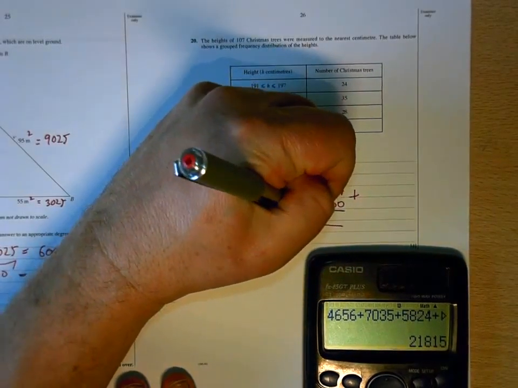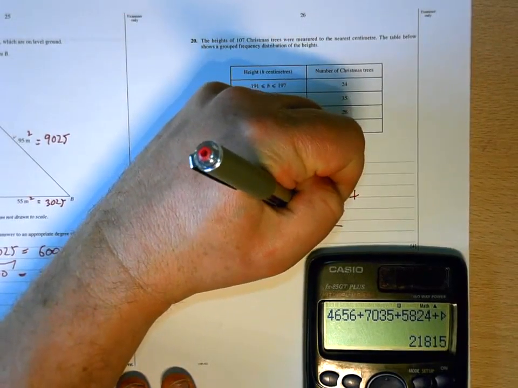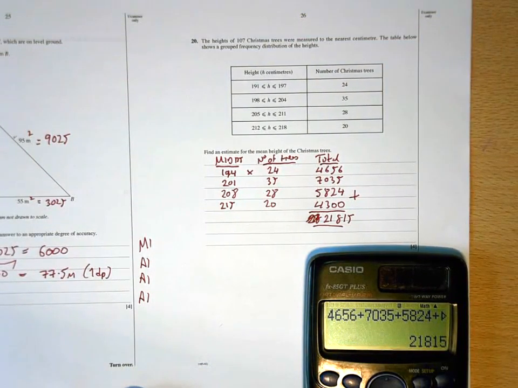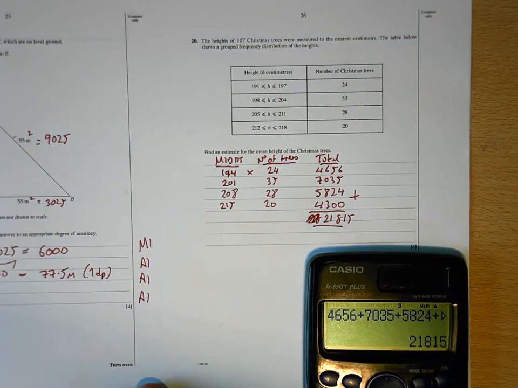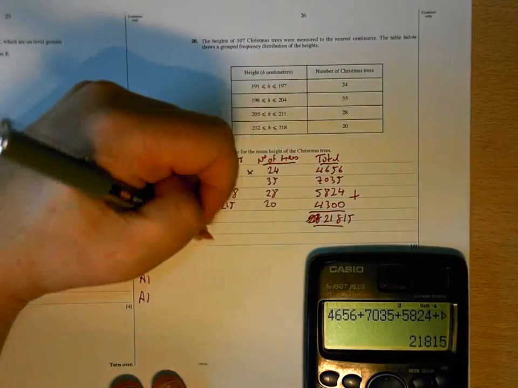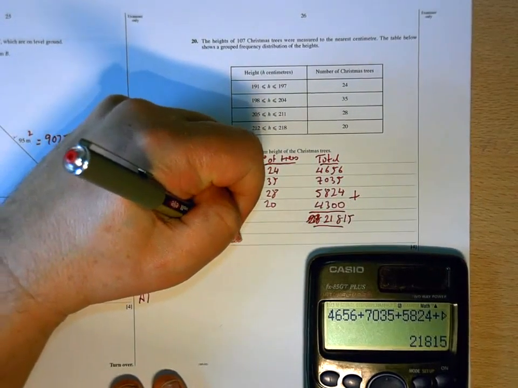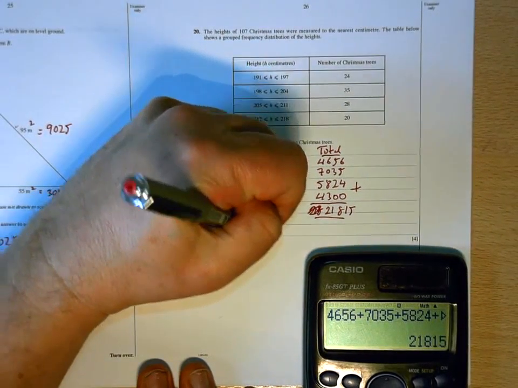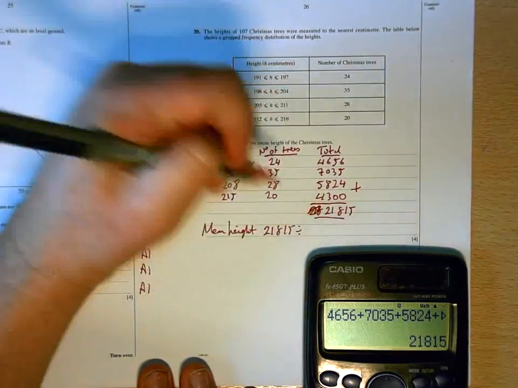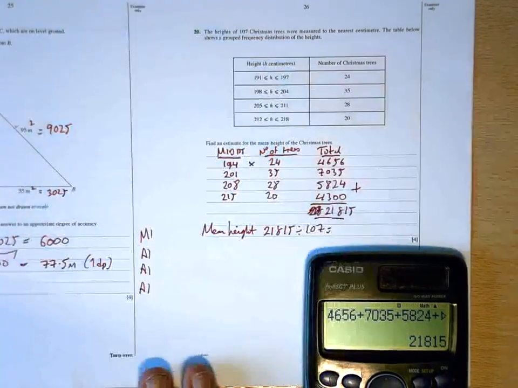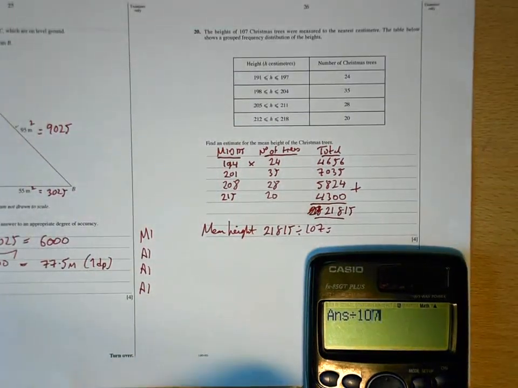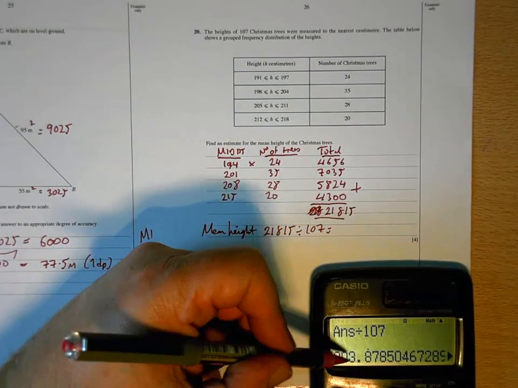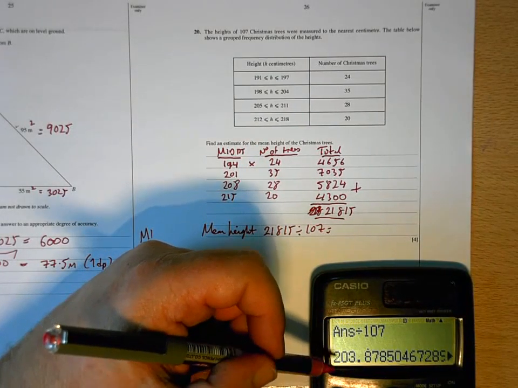So the total height of all the trees is 21,815 centimetres. And I want the mean height of one tree, so I've now got to divide that by the 107 trees that we've got. So divide by 107 equals 203.9. Yeah, to one decimal place.